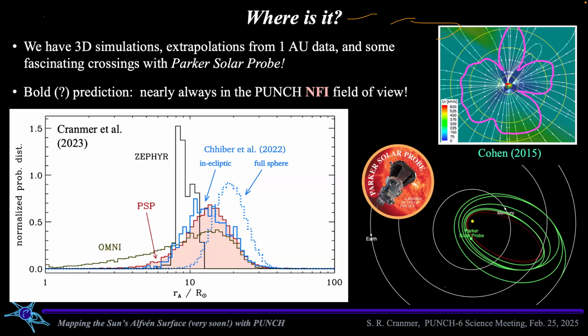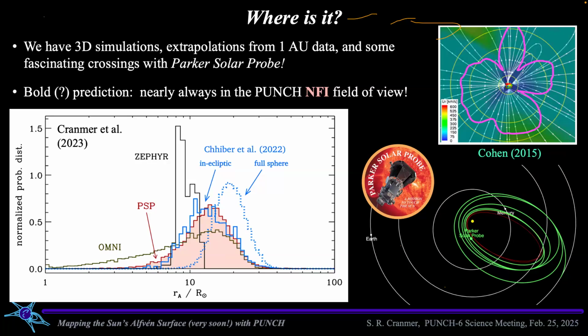Those are essentially under the red curve, and there are plenty of other curves from other extrapolation techniques, like from 1 AU, the OMNI curve, and all the other curves are simulations. Of course, when I called it the Alfvén radius, that makes you think of a giant sphere. It's really not. That one simulation from Ofer Cohen on the right shows it to be this very non-spherical surface.